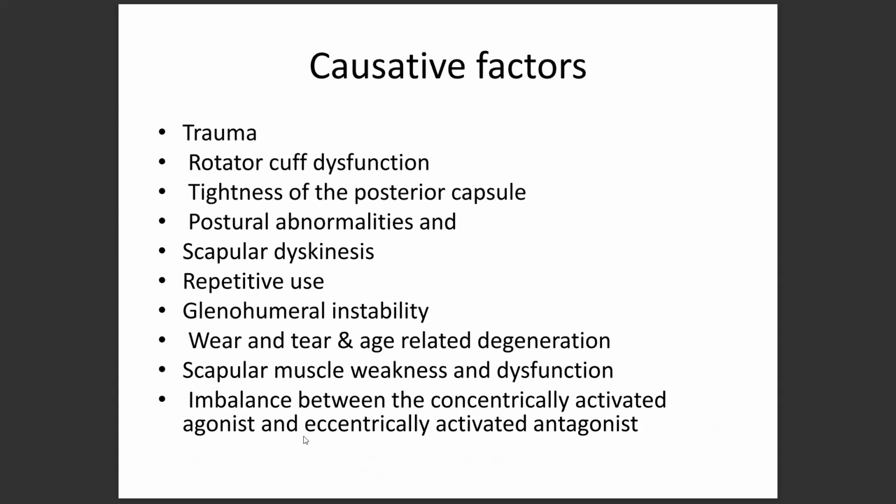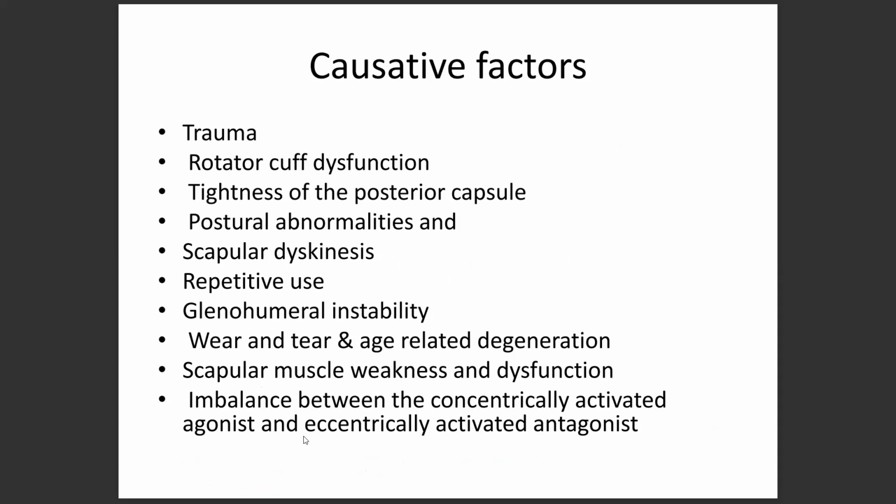Causative factors include trauma, rotator cuff dysfunction, and tightness of the posterior capsule, which may lead to glenohumeral internal rotation deficit, postural abnormalities, and scapular dyskinesia. Scapular dyskinesia will be discussed in the coming slides.